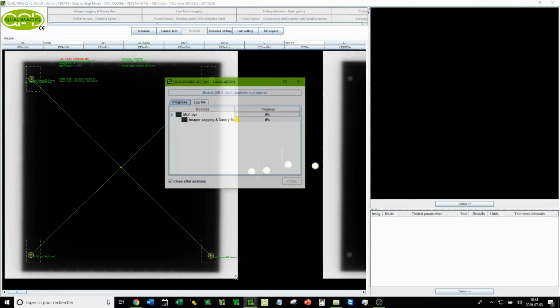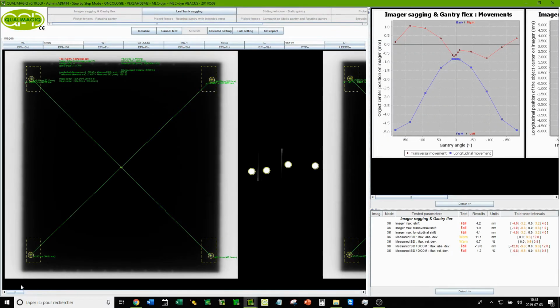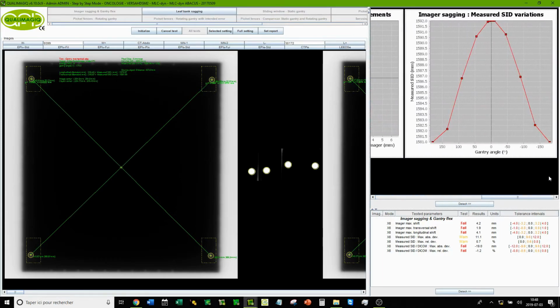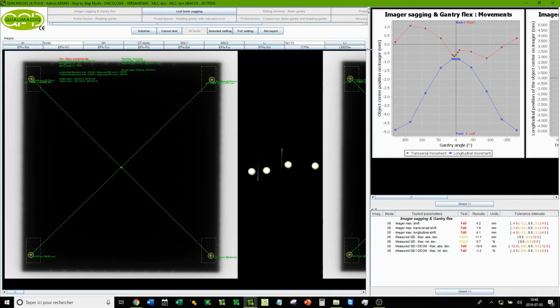We will start up the pretest, which consists in detecting in all images the center of the Abacus test object as well as its size, in order to determine the portal imager sagging, gantry flex, and the variation in source imager distance.